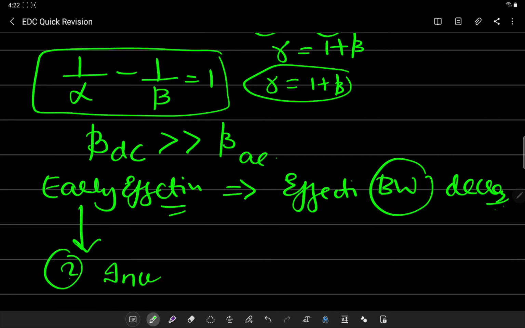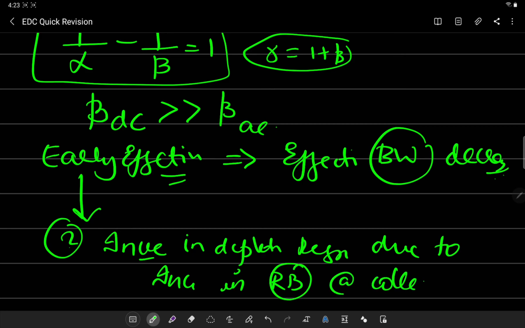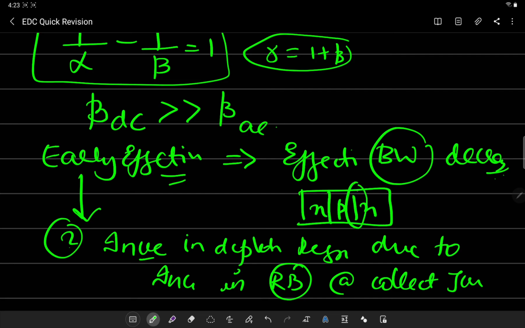It is the increase in the depletion region due to increase in reverse bias at the collector junction. As I told, in an NPN, if I reverse bias this junction, the depletion width will be increasing.